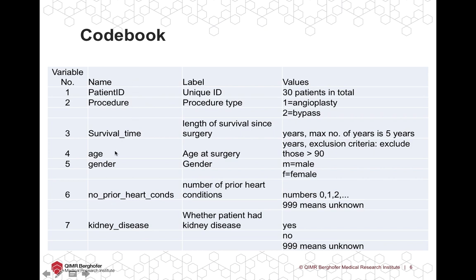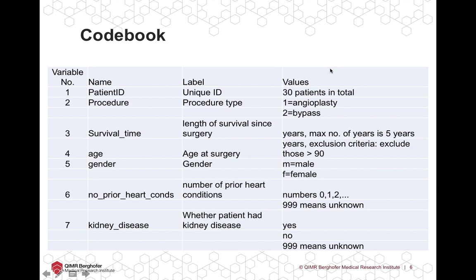So for example, age. Is that age at diagnosis? Is that age at death? In this example, we can see that it's age at surgery. So essentially, this label column will tell us exactly what all our variables are. As an example, for kidney disease, we can see whether the patient had kidney disease or not.